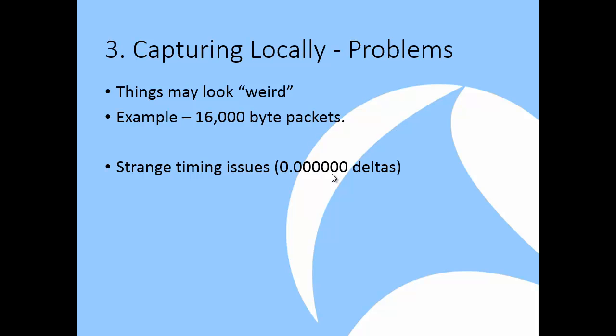Also, we might see some weird things in our packet traces. That's just a word I use, because we might see things like 16,000 byte packets. If we go to the IP length field in Wireshark, we'll actually see these large packets, and we may think, wait a second, how is it that my machine can be sending out 16,000 byte packets? Isn't it true it needs to chop them up into much smaller sizes?